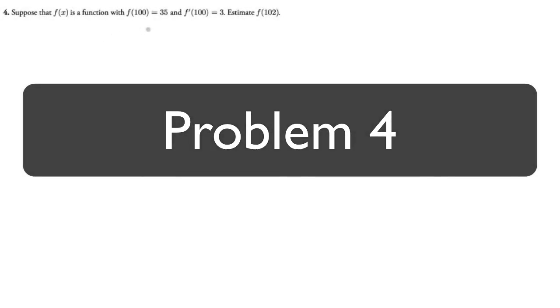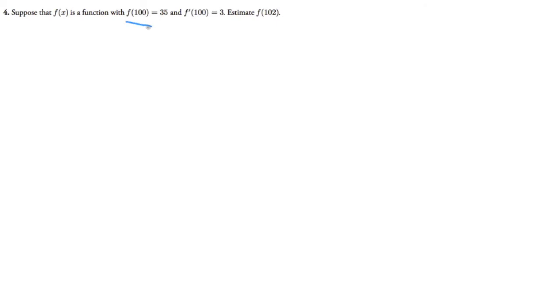Okay, so here we've got a function, f of x, and we know that f of 100 is equal to 35. So that means that when x is 100, y is equal to 35. And then it also says that f prime of 100, so the derivative, is equal to 3 at x equals 100.